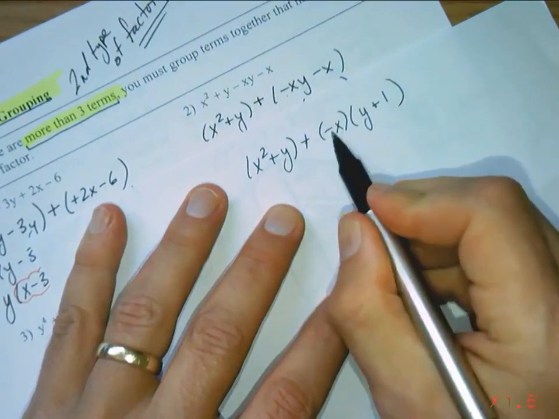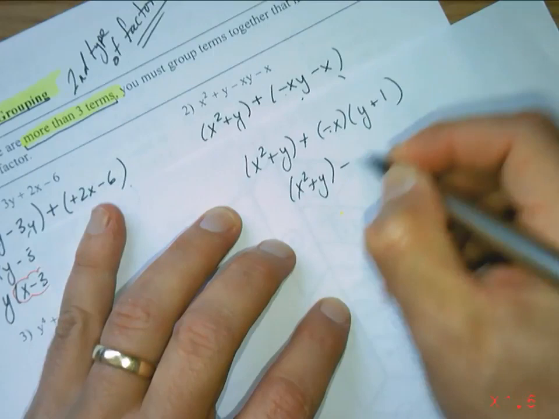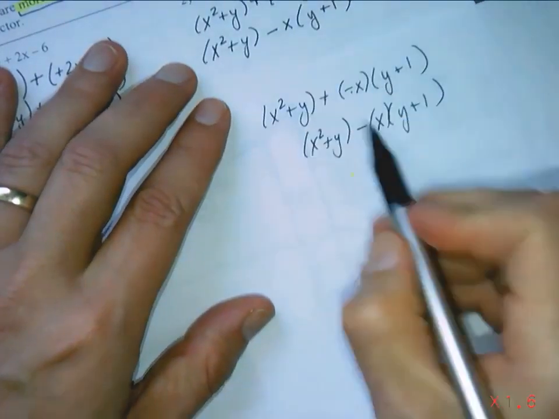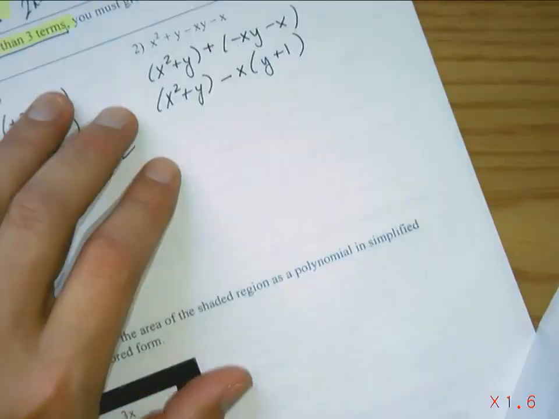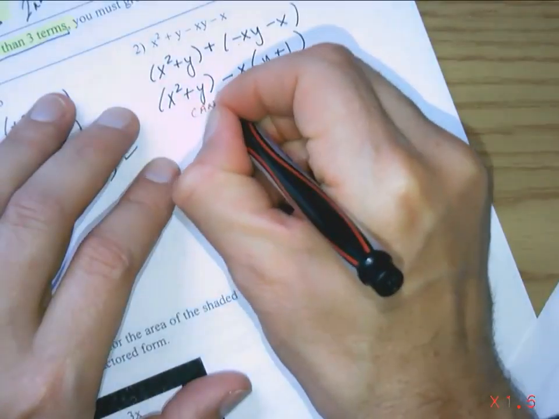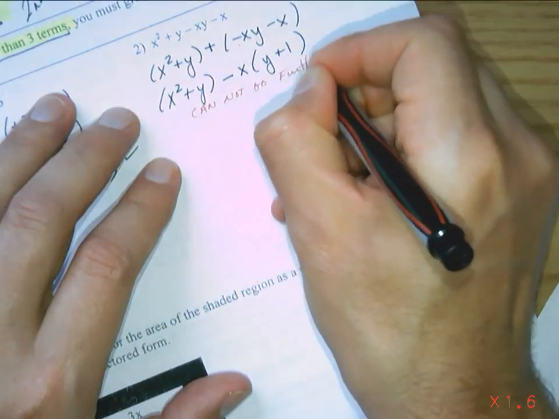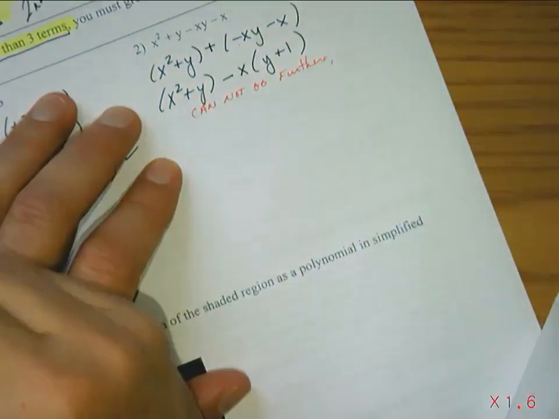And this positive and this negative go together to give me, which is what I have here. Okay? So notice nothing else can be done. I cannot go further. And in terms of factoring, you haven't done much. It's kind of ugly.